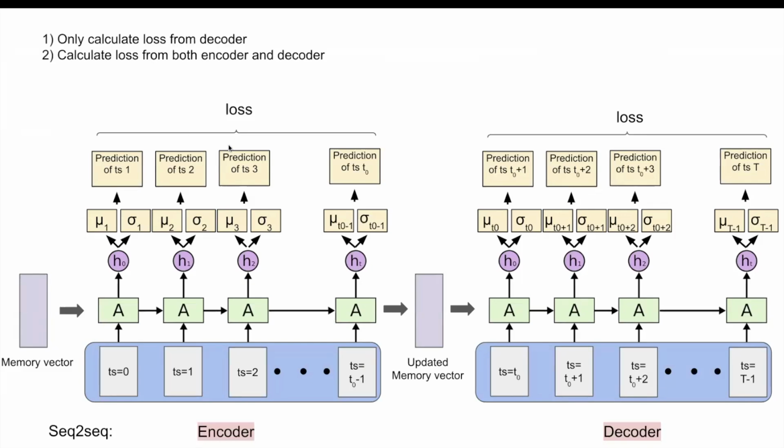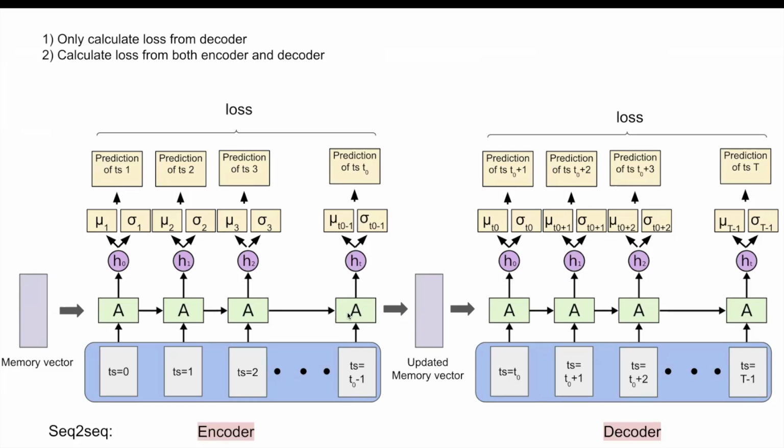There are some architecture choices that you can make, whether you want to calculate loss just based on the forecast horizon, or maybe you can also incorporate the loss from your context as well. And maybe you can even use the same RNN for both your context and your forecast horizon, so the A here will have the same set of weights.